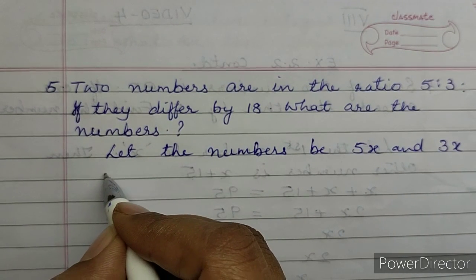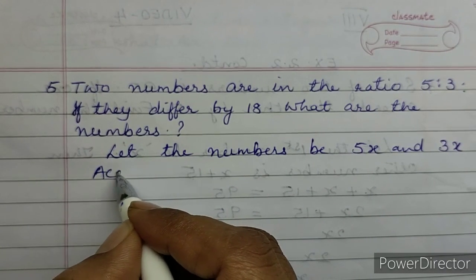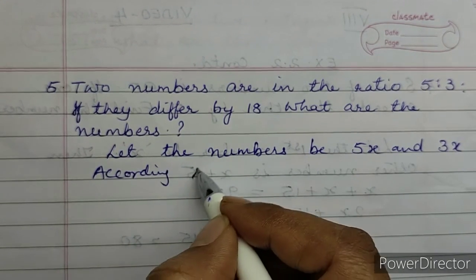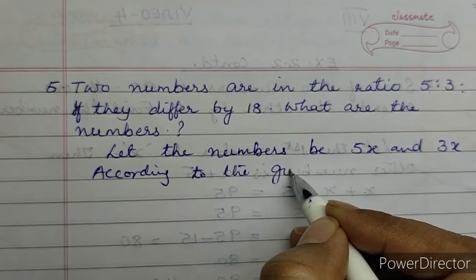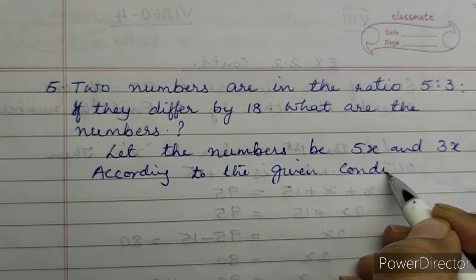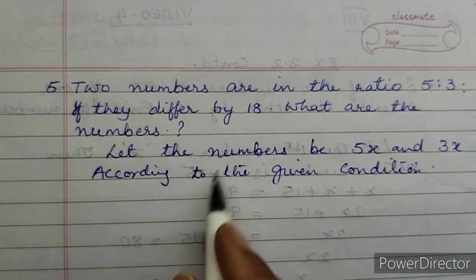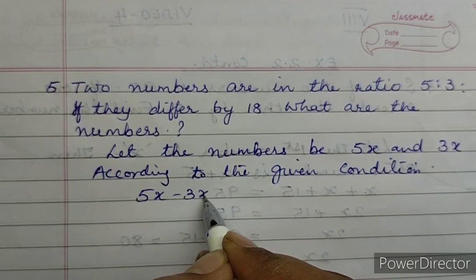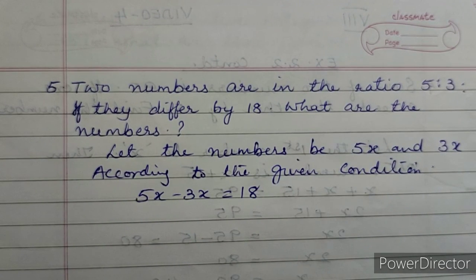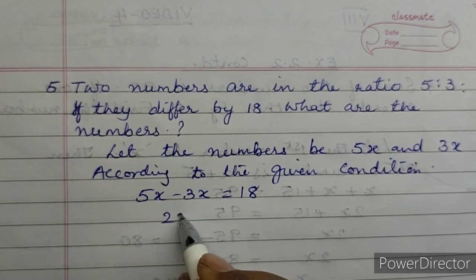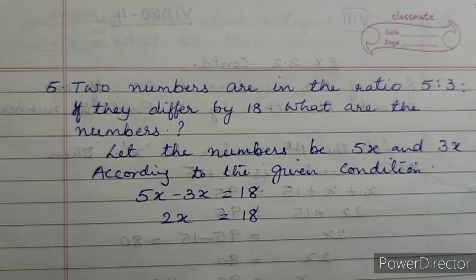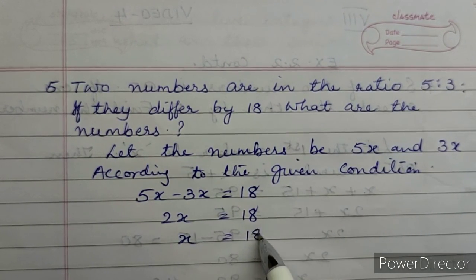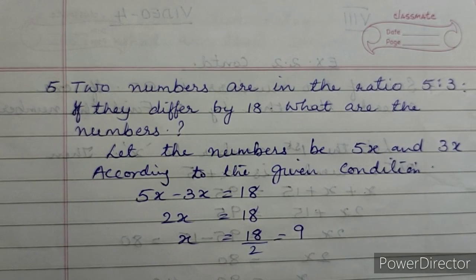So according to the given condition, the difference is 18, that is 5x minus 3x is equal to 18. So if 5x minus 3x is 18, first the LHS you have to see, 5x minus 3x. So that is 2x equals 18, or x is equal to 18 by 2, which is equal to 9.